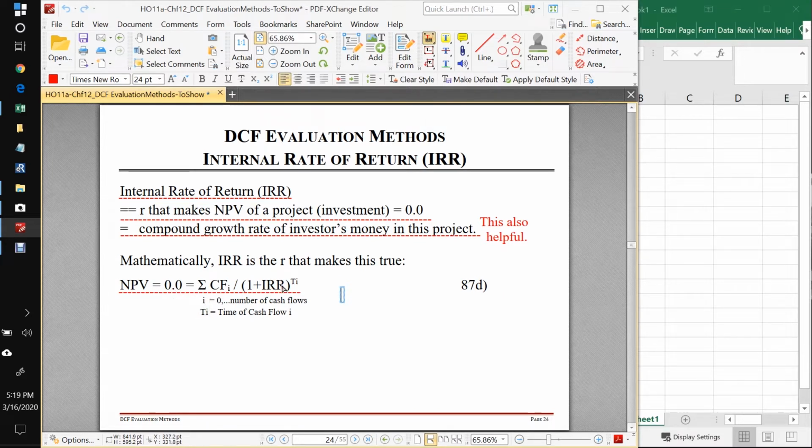When we have the correct IRR in here, okay, we're going to get 0 for our NPV. So let's say memorize this also. This is important because this is always our first step in applying the internal rate of return method. We set the NPV equal to 0, and then we solve for what's the R or the IRR that makes that the truth, the whole truth, and nothing but the truth.